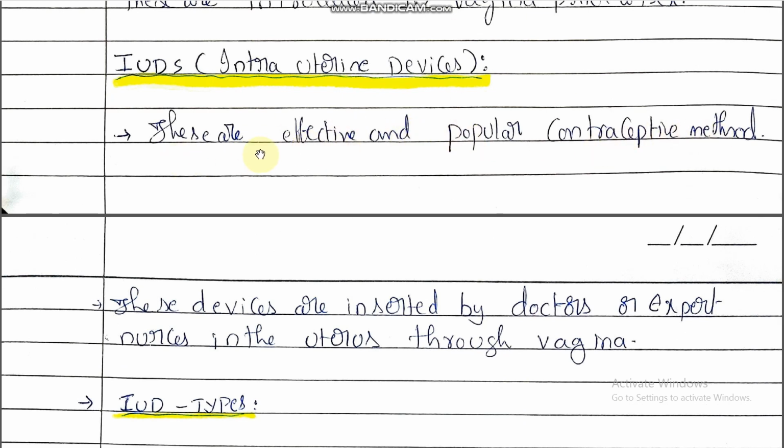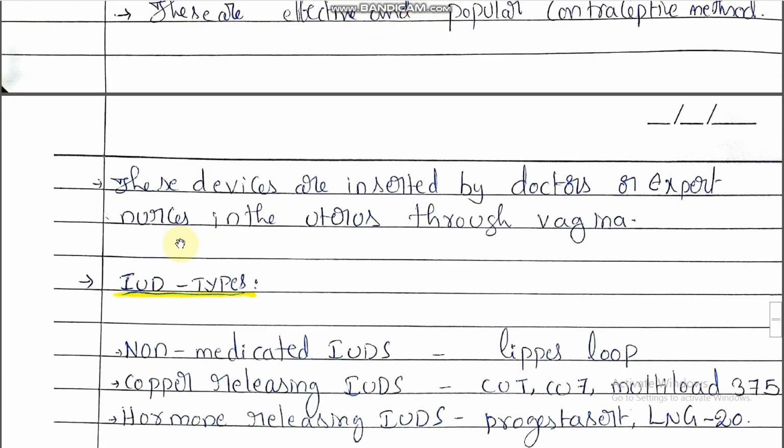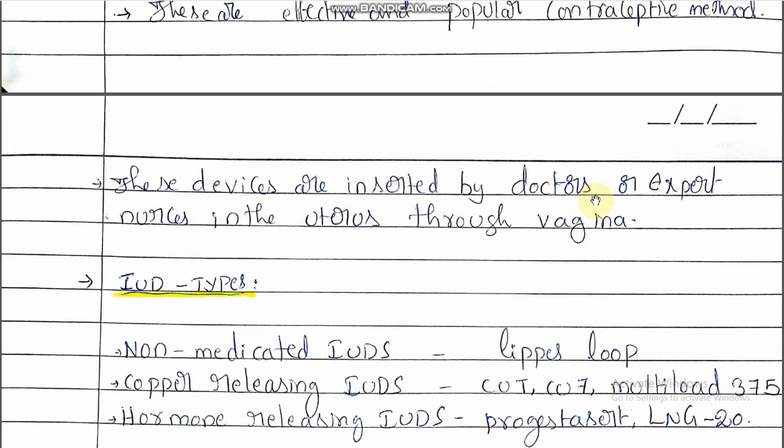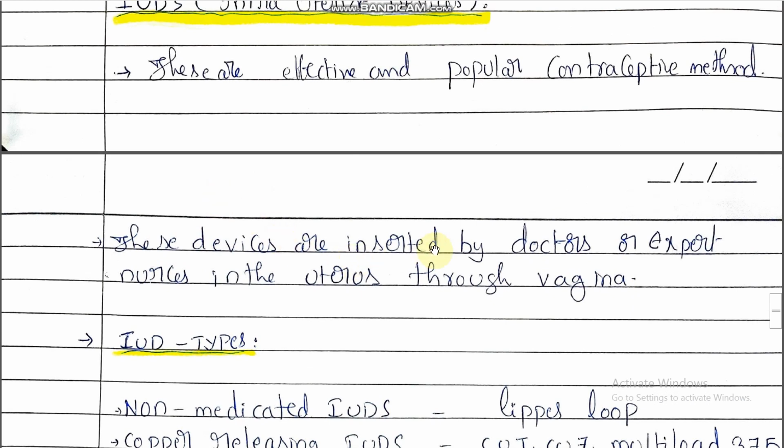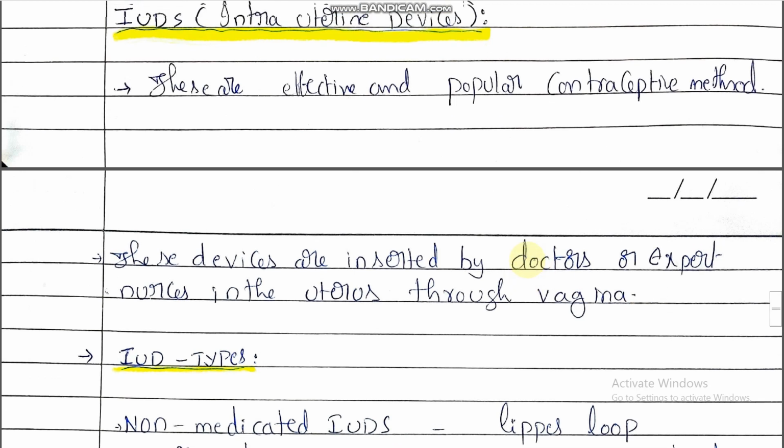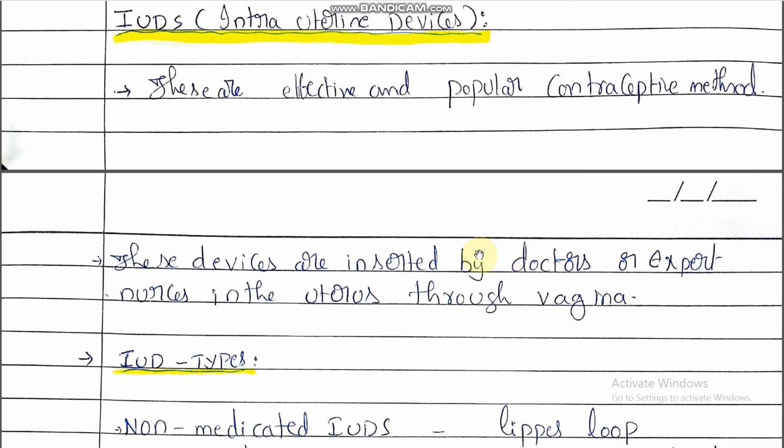IUDs are among the most effective and popular contraceptive methods in our country. These devices are inserted by doctors or expert nurses into the uterus through the vagina of the female. These are not self-inserted. Couples who don't want children for a long period after marriage, like 2 or 3 years, follow the method of IUDs.